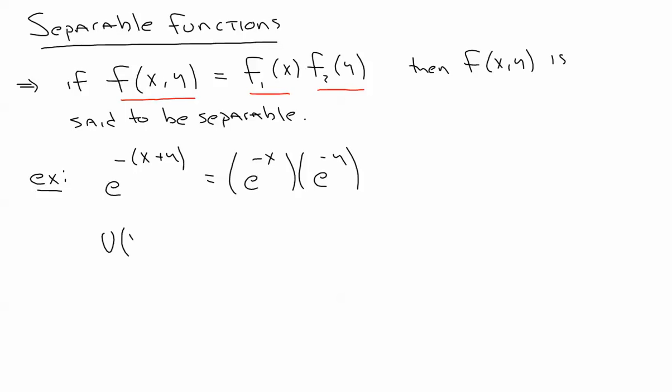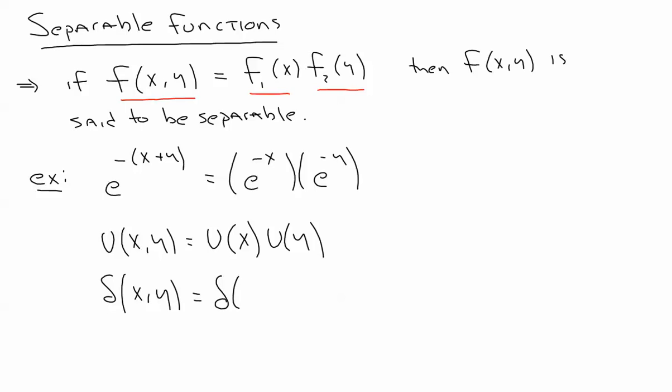Step function x, y can be written as the product of a step function in x times a step function in y. Delta functions are also separable, written as a delta function in x times a delta function in y. And there's lots of others. Anytime I can take a function of two variables and write that as the product of two functions of single variables, I have a separable function.